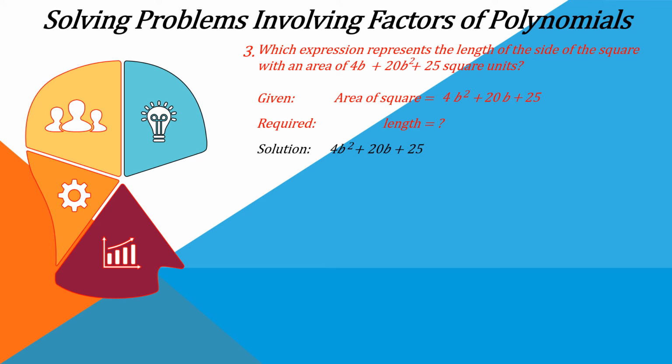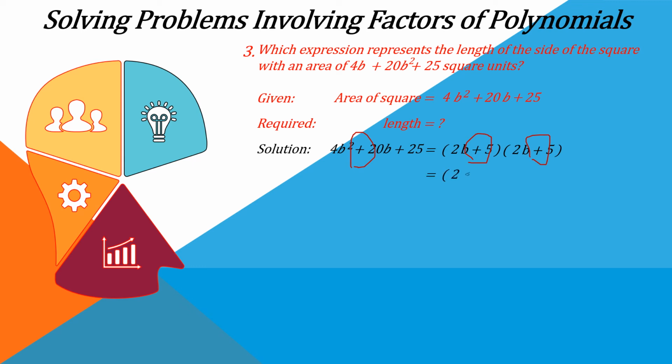Solution: we need to factor 4b squared plus 20b plus 25, wherein 4b squared is 2b multiplied by 2b, and 25 is 5 multiplied by 5. Since the sign of the middle term is positive, we will adopt positive for the second term, 5.